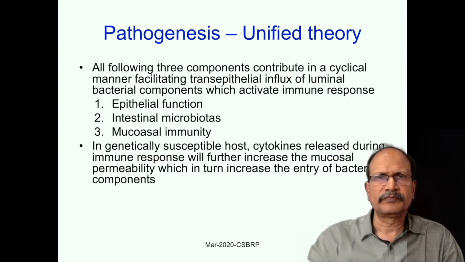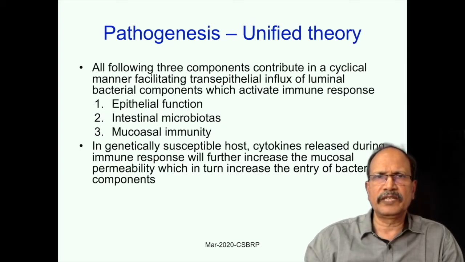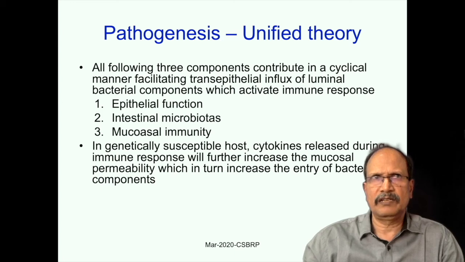So coming to the unified theory, combining the genetic factors, the microbiota and epithelial integrity and immune responses into one theory. This theory proposes there is an epithelial barrier dysfunction which increases the permeability of the epithelial barrier. Probably genetic factors play a role in this increased permeability.